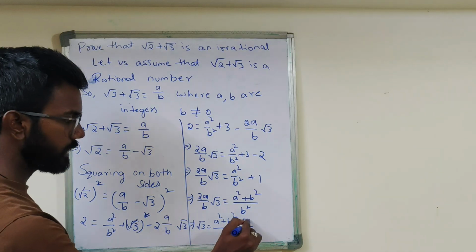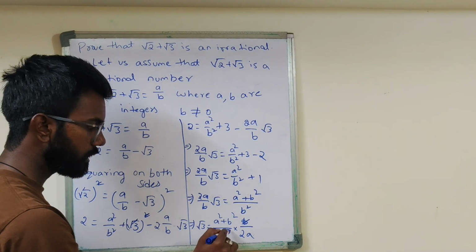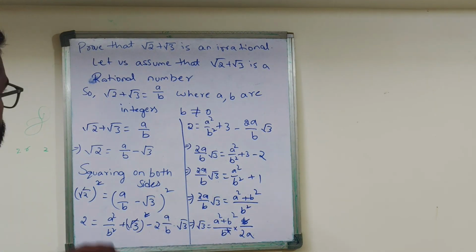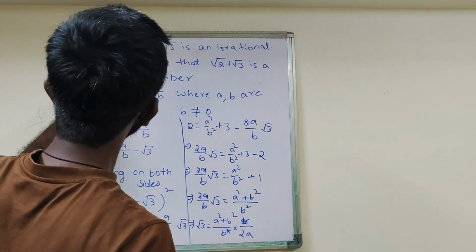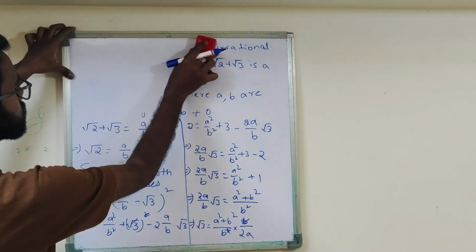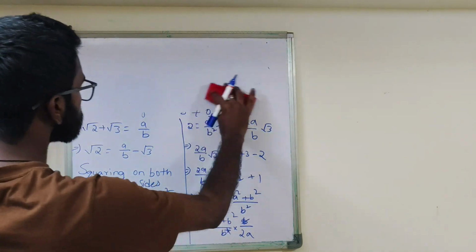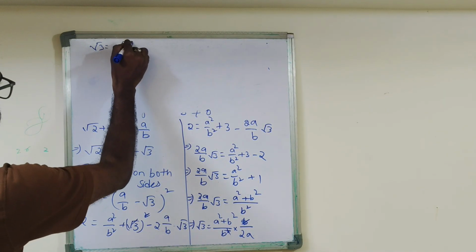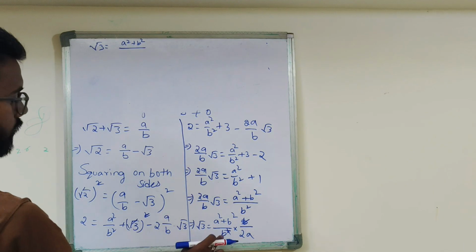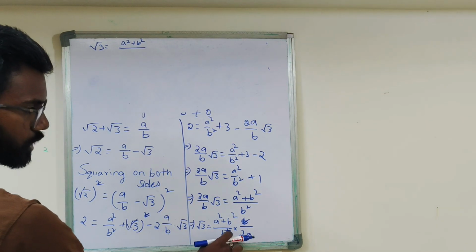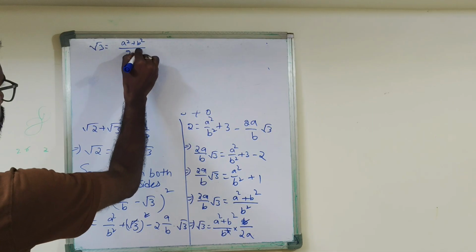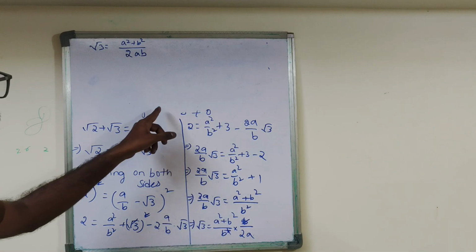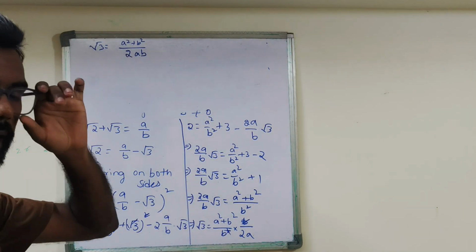Here b square means b into b, so one b gets cancelled. So the next step, root 3 is equal to a square plus b square by 2ab. Already we discussed a and b are integers.